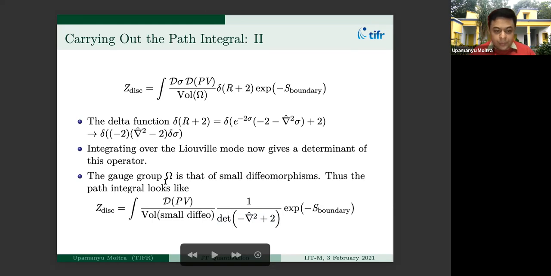And the gauge group, this omega, is that of small diffeomorphisms, because as mentioned before, the small diffeomorphisms are what keep the geometry unchanged, the cutout shapes and everything. So we divide out by the volume of the small diffeomorphisms so as not to overcount.